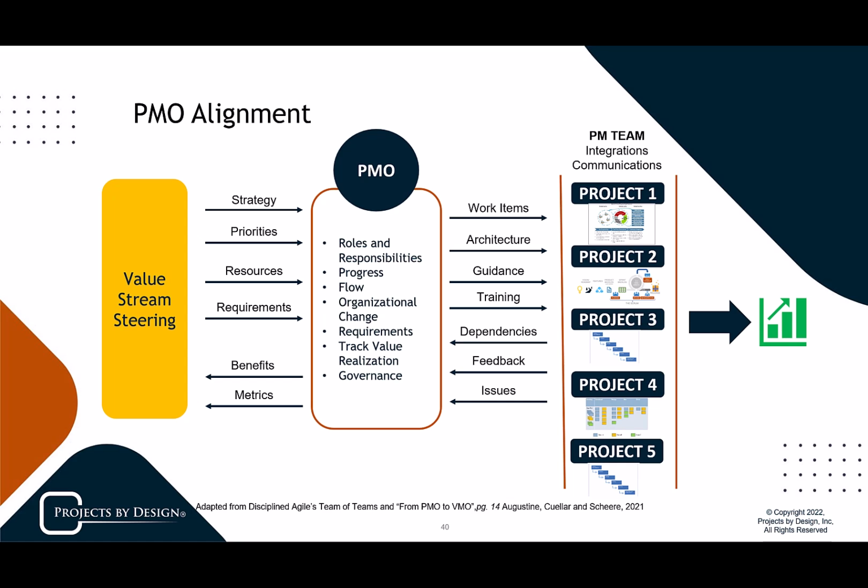And if the program is left to do it on its own, that's going to be very difficult without some way of enabling the execution of that strategy within the teams. That is the role of the project manager, is to enable the execution in the teams by ensuring that the teams have everything they need.